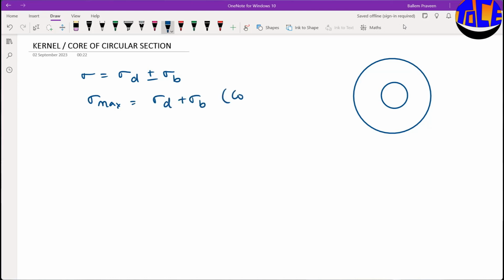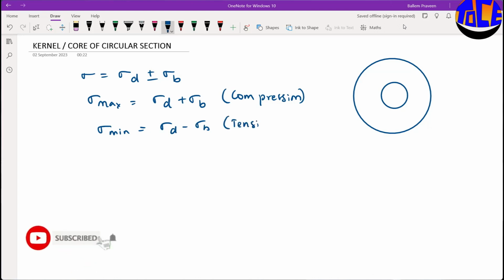Obviously this will be in compression itself, so there is nothing to worry about. And sigma minimum usually will be tensile, or sometimes it will become compression also. If you get a value greater than zero, it will be in compression, and if you get a value less than zero, it will be in tension.